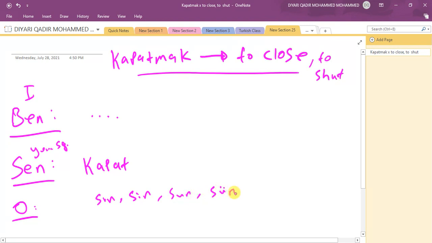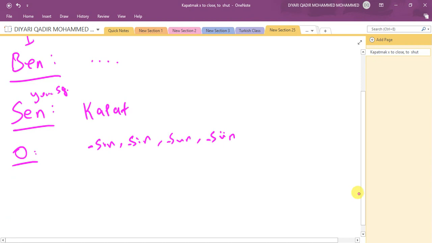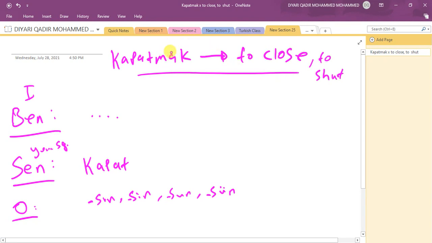We have these. By the way, we are writing this minus here to indicate that it's a suffix, not a prefix. What does it mean? All I need to do is remove the mak or mek.